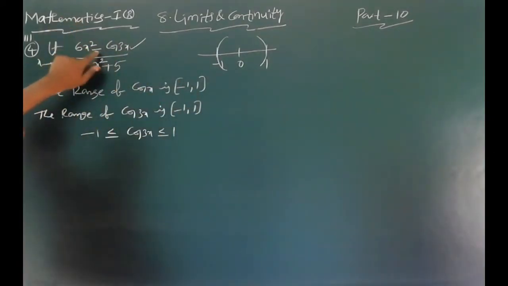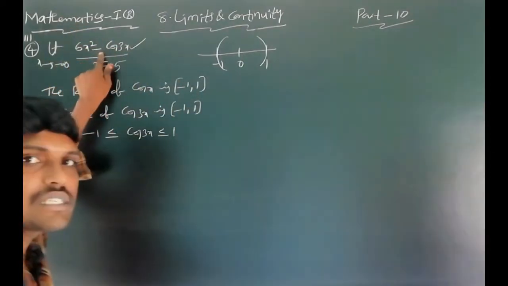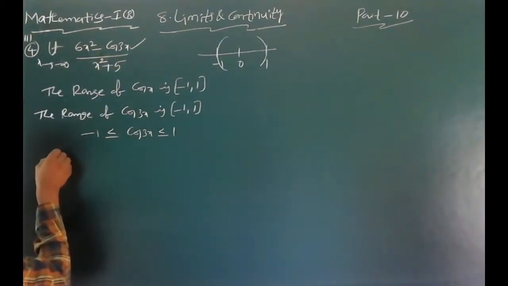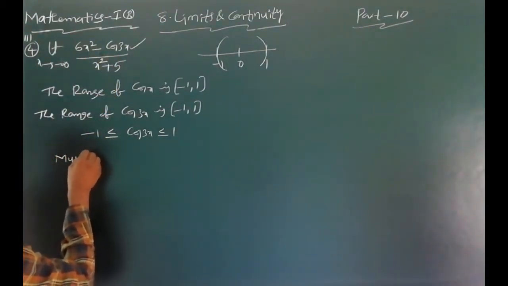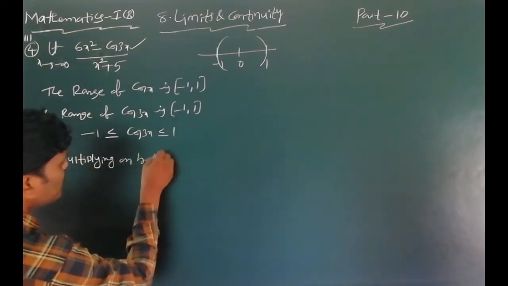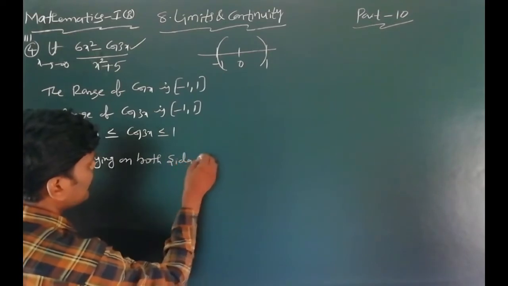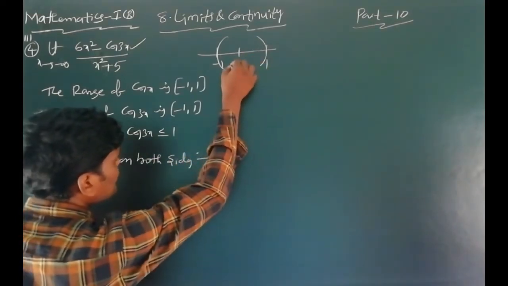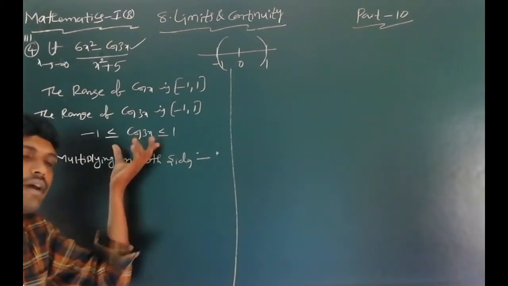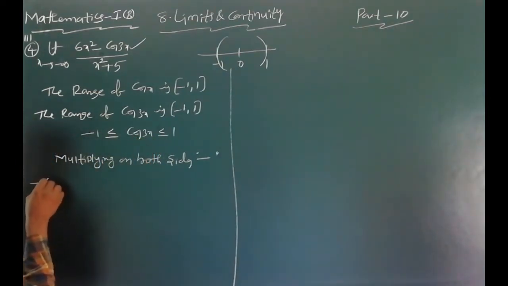In this problem, what is the coefficient of cos 3x? It is negative. That's why in this equation we multiply on both sides by minus 1.